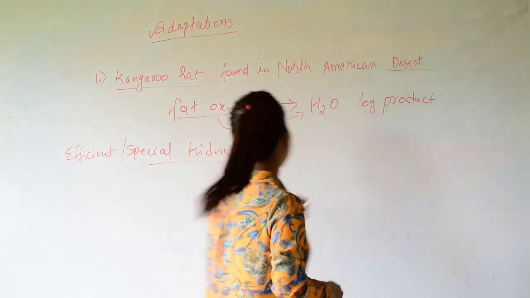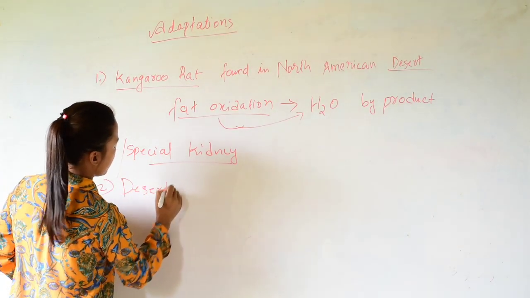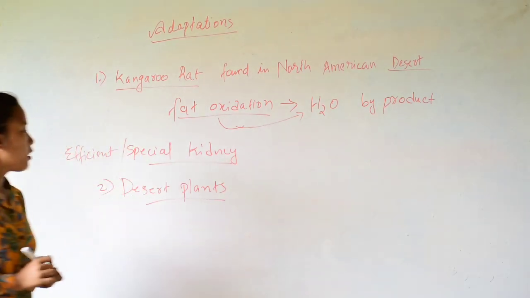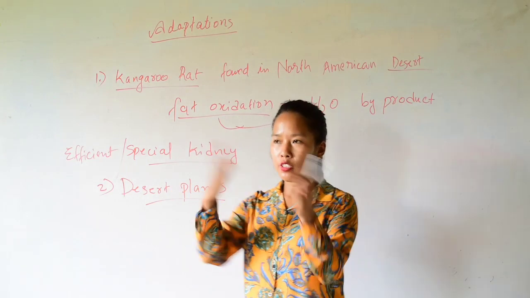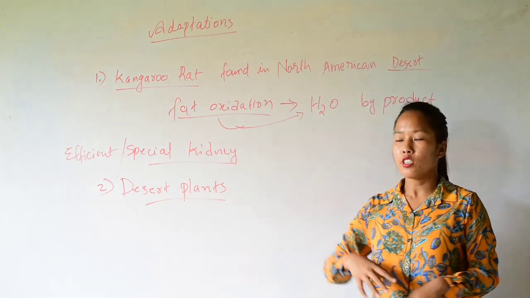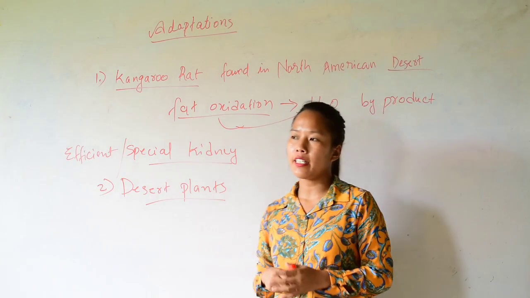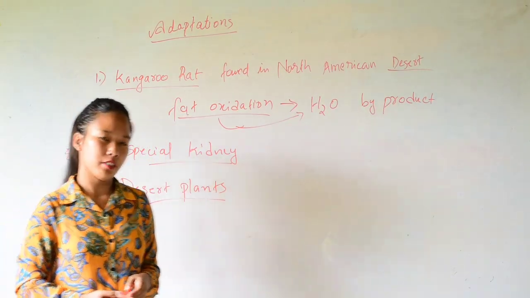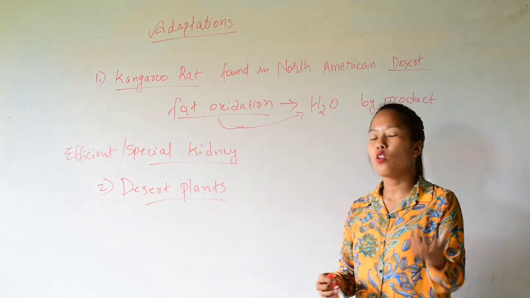Now next one, number 2, is desert plants. These plants have a thick cuticle on the surface of the leaf, and their stomata are sunken. So since stomata are sunken and they have a thick cuticle, there's less chance of transpiration. When the transpiration is less, there will be a minimal loss of water.